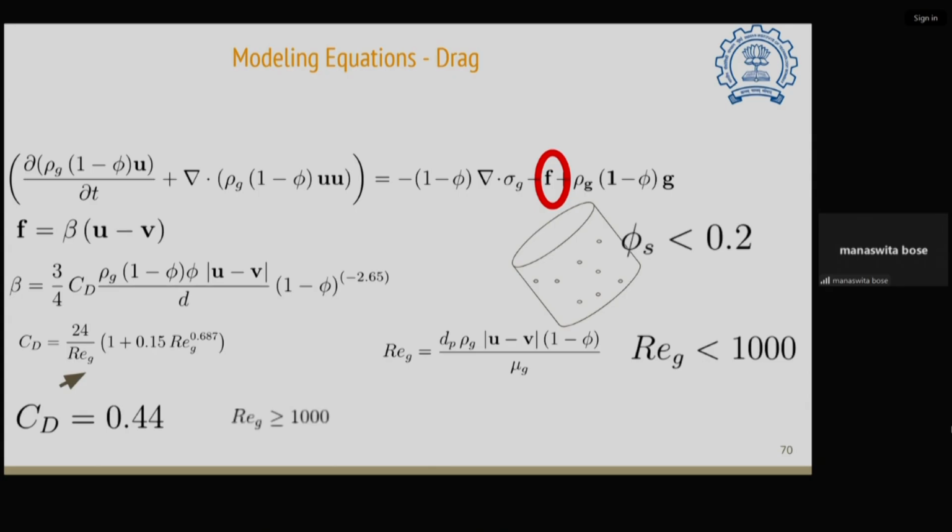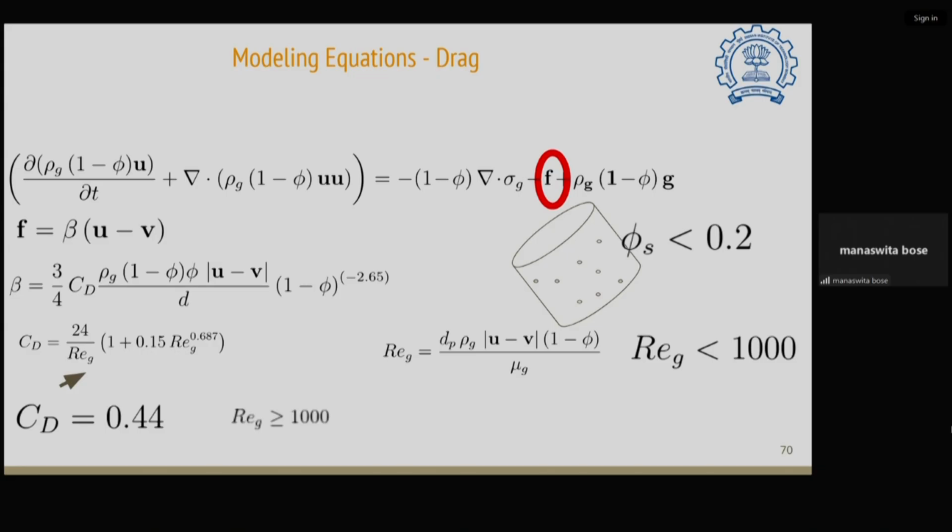F has beta times the relative velocity, and beta is given as 3/4 CD, the drag coefficient, times the gas velocity, (1 minus epsilon) again times the mod of the relative velocity divided by d, and (1 minus epsilon) to the power minus 2.65.